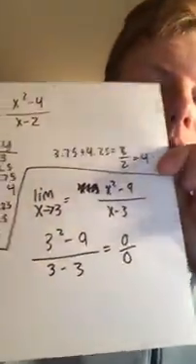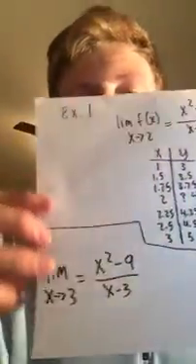And this works out nicely because you can factor the top very easily. So x squared minus 9 is going to factor out into x minus 3 and x plus 3 over x minus 3, the limit as x approaches 3.